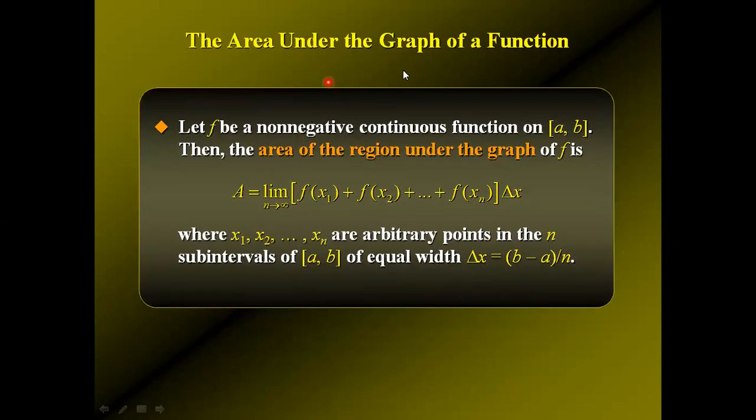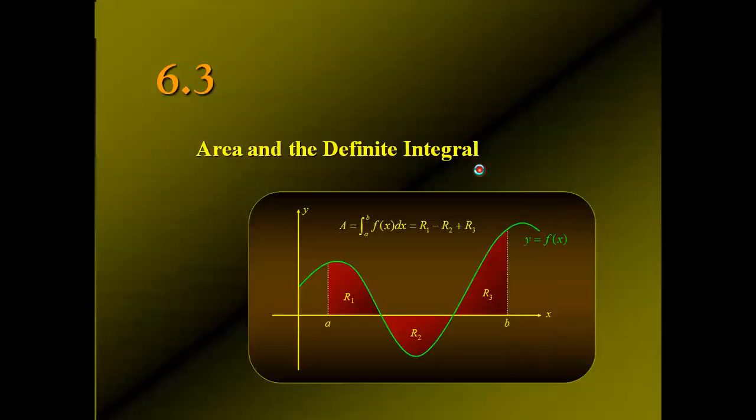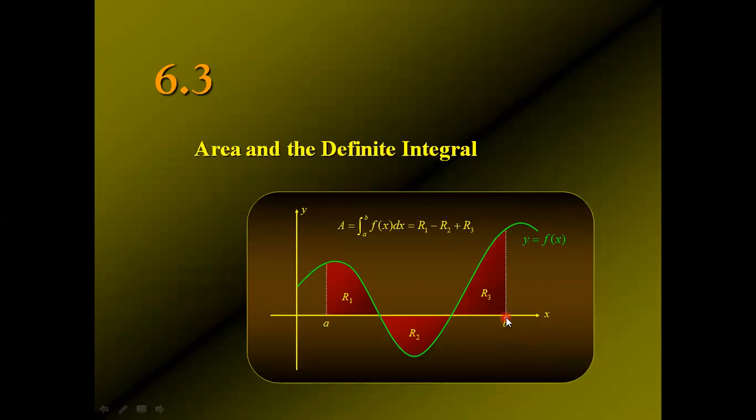So consider the area under the graph of a function y equals f of x. How can we find the area under this curve? Let f be a non-negative continuous function on [a, b], because in our previous figure we saw from a to b.